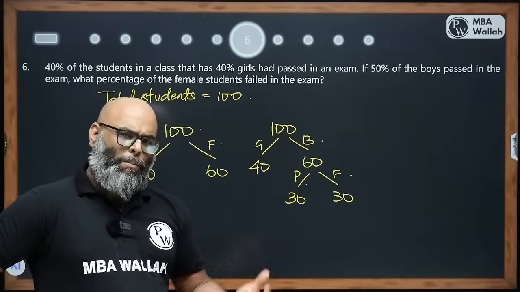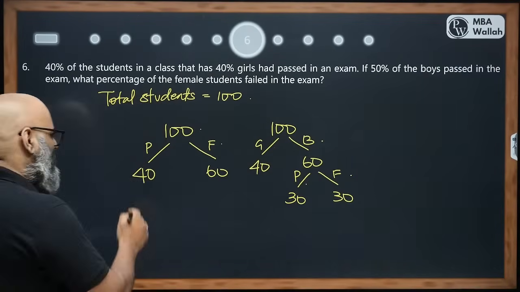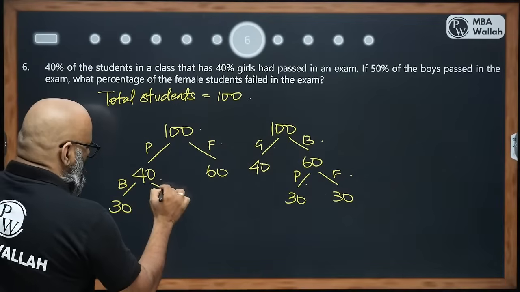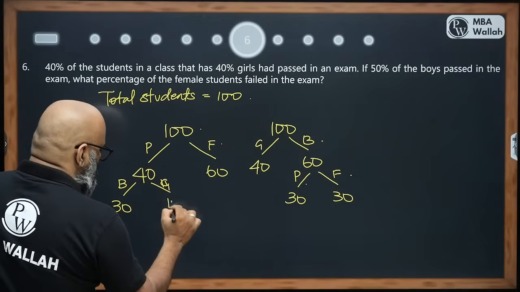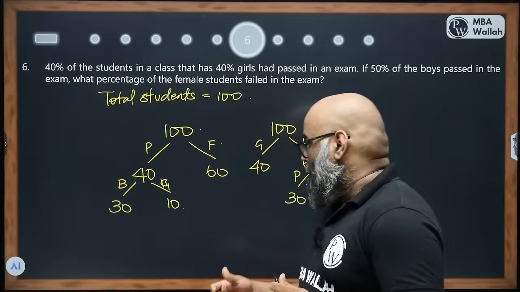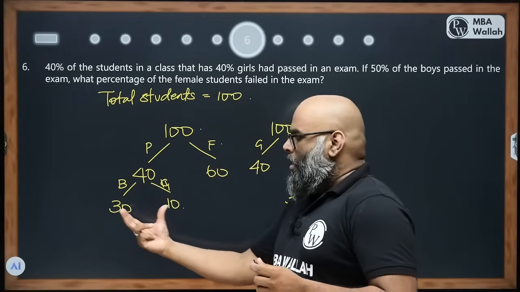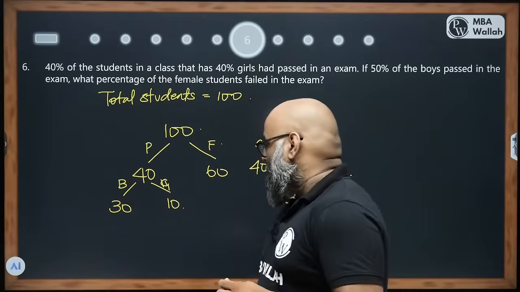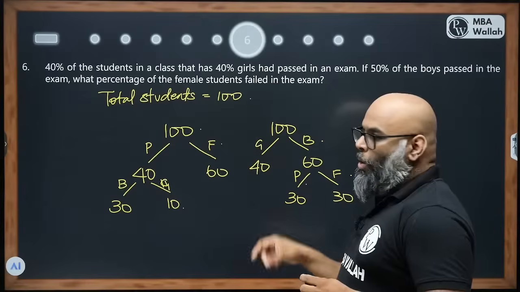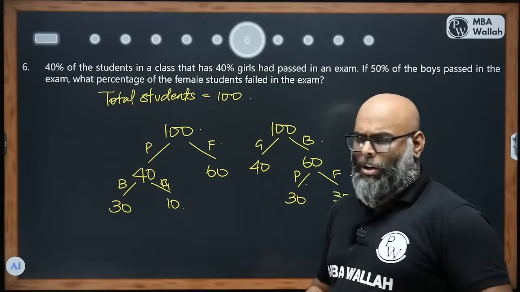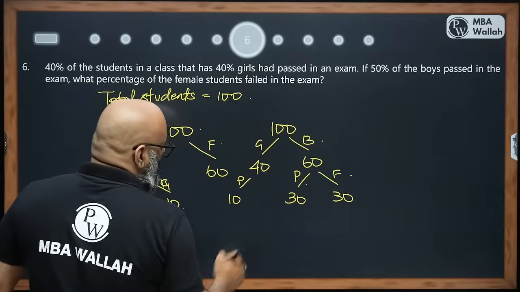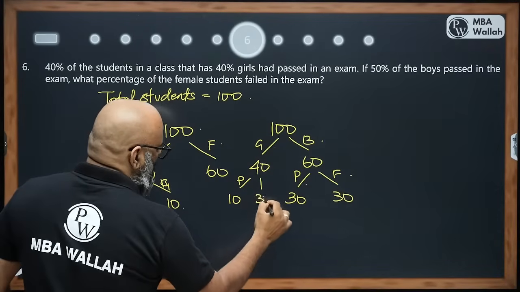I know 30 of the boys have passed. So out of this, 30 of them are boys, 10 of them are girls. The number of girls who have passed is 10. Number of boys who have passed is 30. Now notice this. There are only 40 girls overall, out of which 10 of them have passed, 30 of them have failed.